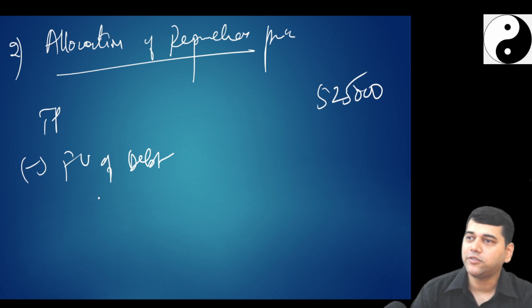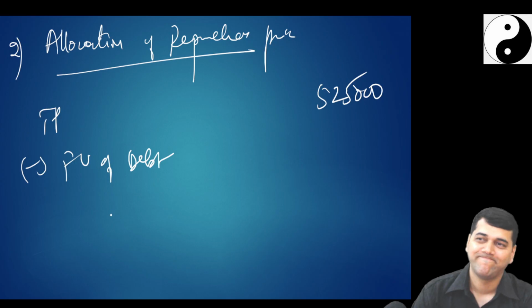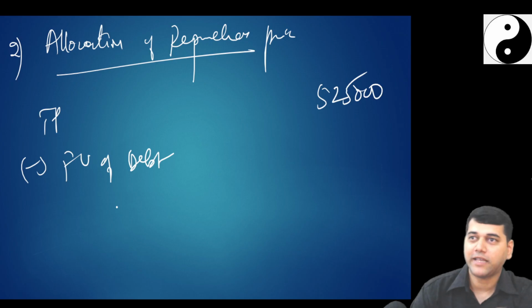You need not calculate. You tell me the number, I will write it. I don't want the full number. I want the calculations. 7 lakh, should I write here 7 lakh, or are you telling me outside? No, I want it inside, so that I am very clear what I am writing here.